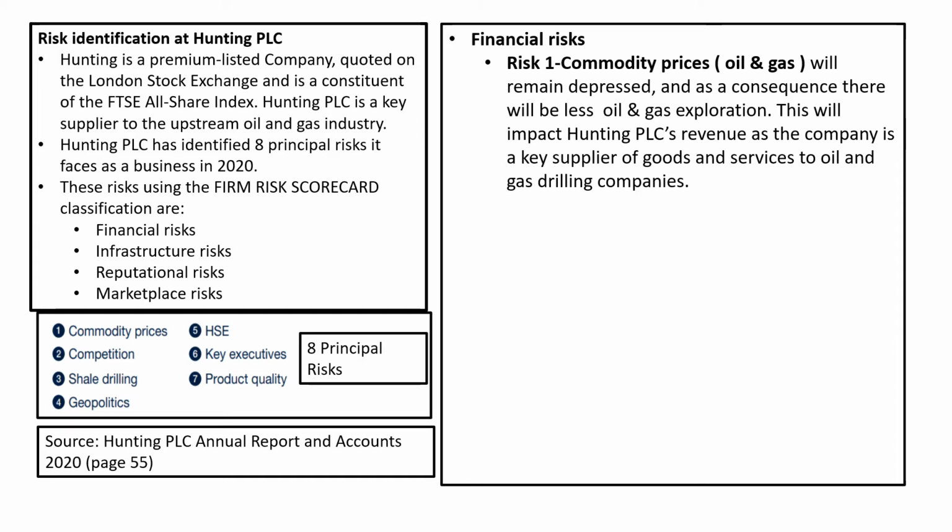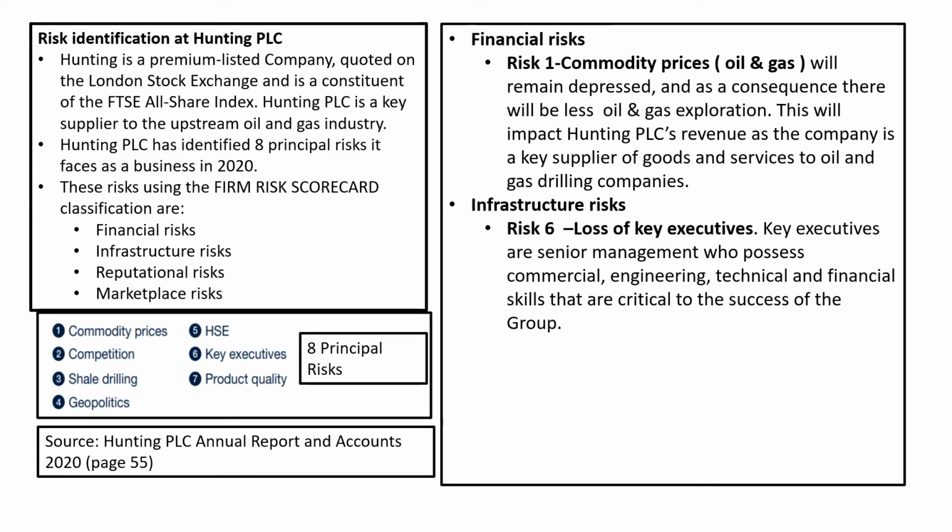and gas drilling companies. The next classification is infrastructure risk, and in this category we have risk 6, loss of key executives. Key executives are senior management who possess commercial, engineering, technical, and financial skills that are critical to the success of the business.